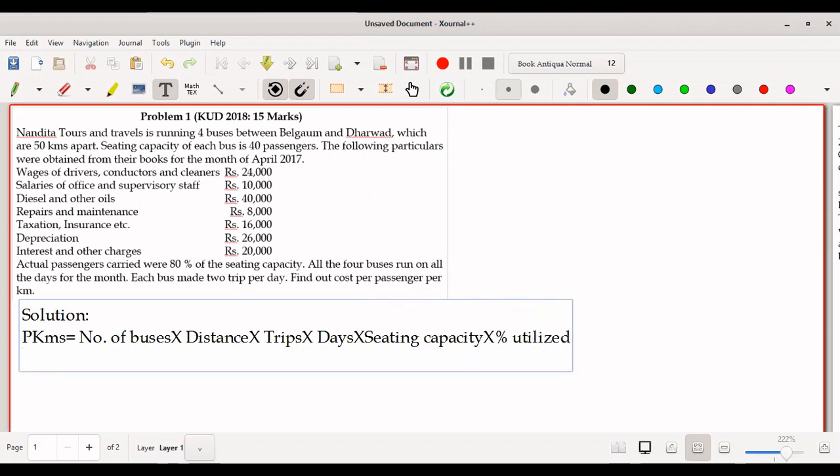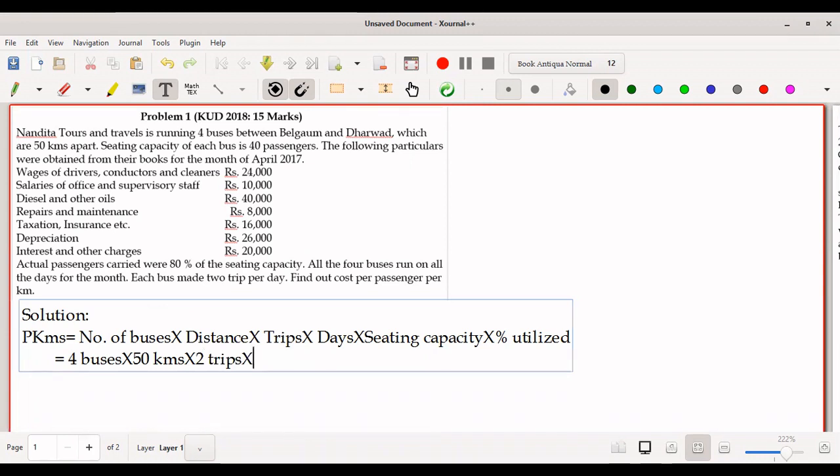Now let us fill this, whatever information is given in the problem. There are 4 buses, into distance, which was 50 kilometers, into trips. How many trips has it made? It has made 2 trips. You can see at the end of the problem they have given 2 trips, into days.